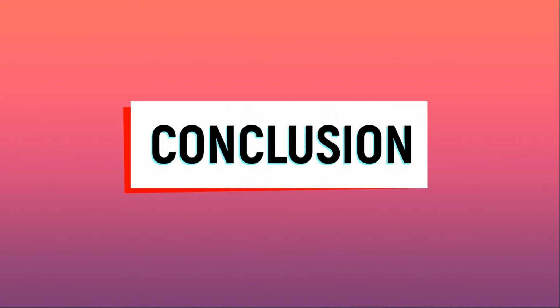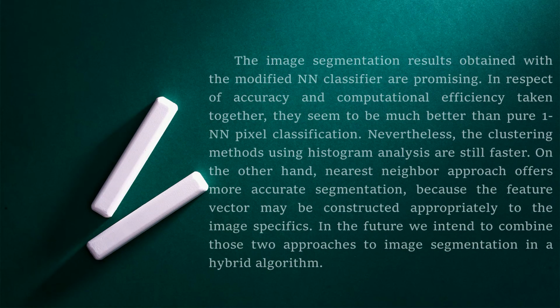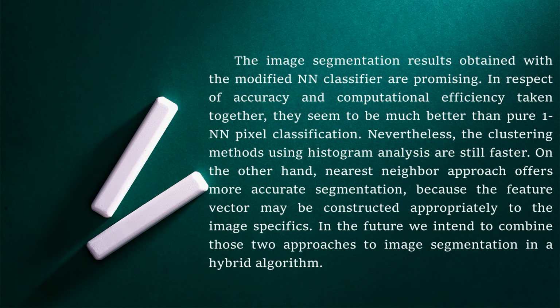And last, for the conclusion, the image segmentation results obtained with the modified nearest neighbor classifier are promising in respect of accuracy and computational efficiency. Taken together, they seem to be much better than pure one nearest neighbor pixel classification.